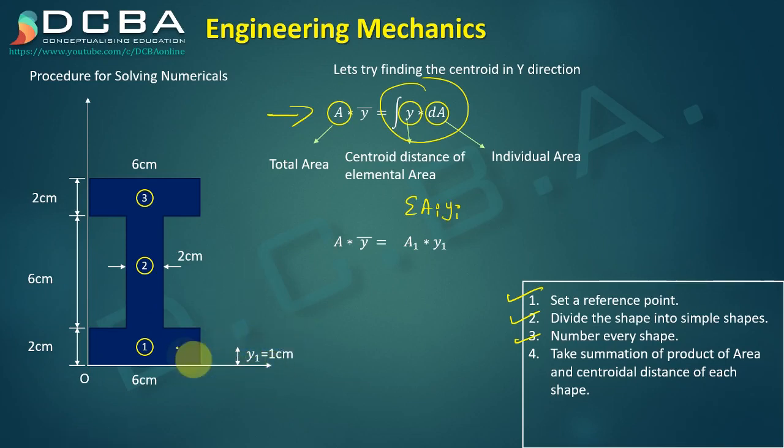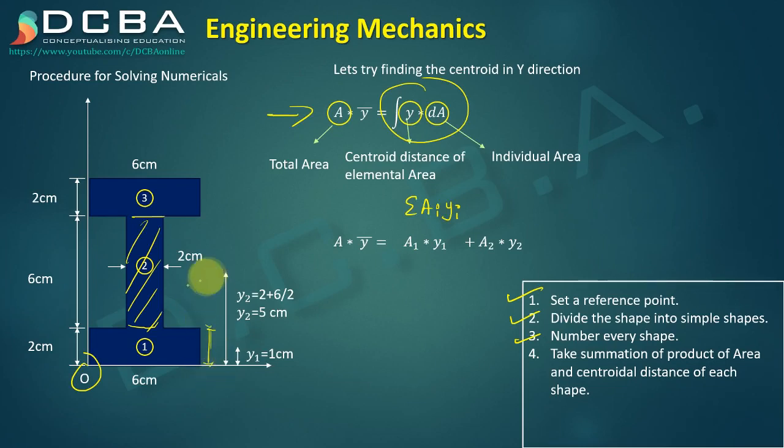Then the next shape is this rectangle. So plus a2 into y2. You see there is a summation sign here, so we have to keep on adding for however many areas we have divided it into. A2 is this area, and y2 will be from point O. This much is 2, plus 6 by 2, because the centroid of A2 will lie somewhere here.